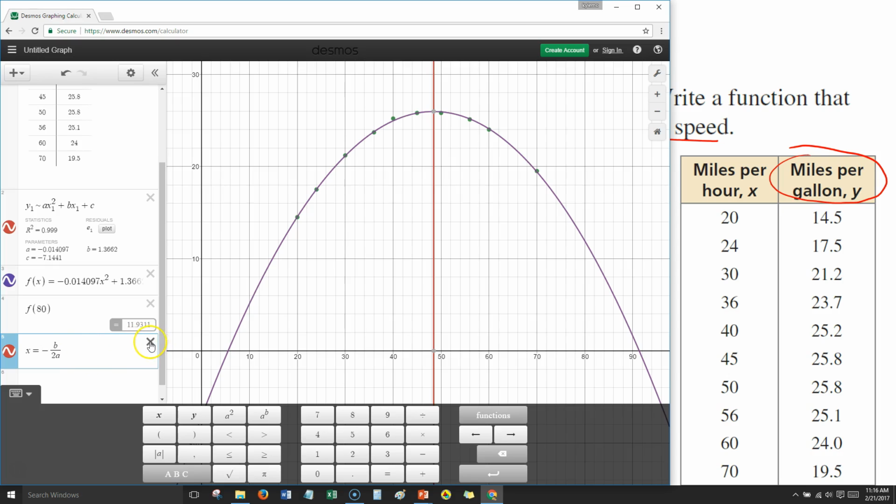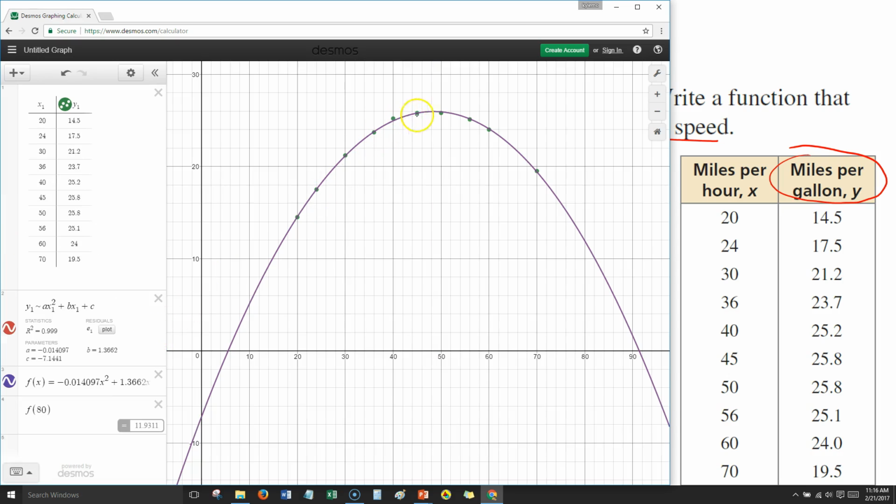Or, as opposed to that, you could just click at the top here and it gives you the vertex. 48.457 would be the x value and 25.957 is the y value. So at about 48.5 miles per hour, I get my highest fuel economy at about 26 miles per gallon.